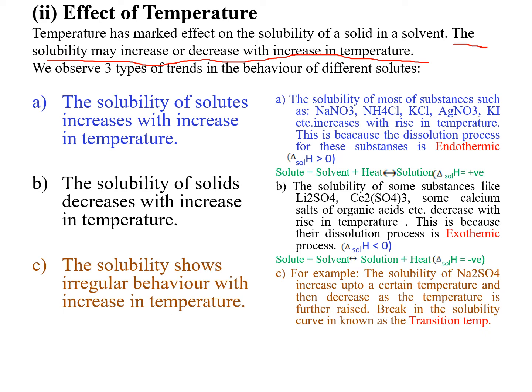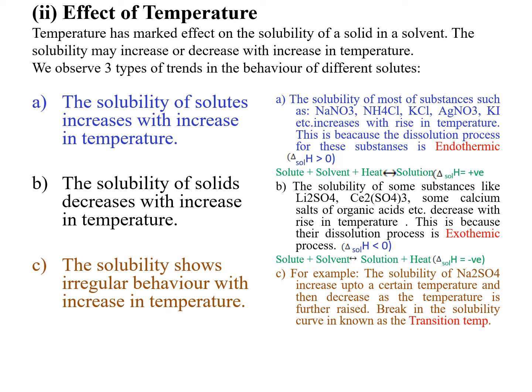From this, we observe three types of trends in the behavior of different solutes. Suppose we have such solutes, the solubility of solute increases with increase in temperature. It will depend on the nature of the solute, which type of solute you are adding to the solvent.